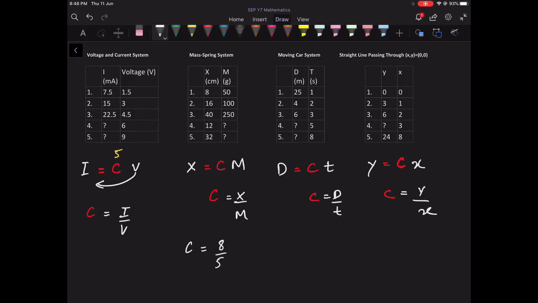Let's move on to the next example. We take the values of extension and the mass from the table and we simplify the ratios and we get 4 by 25.